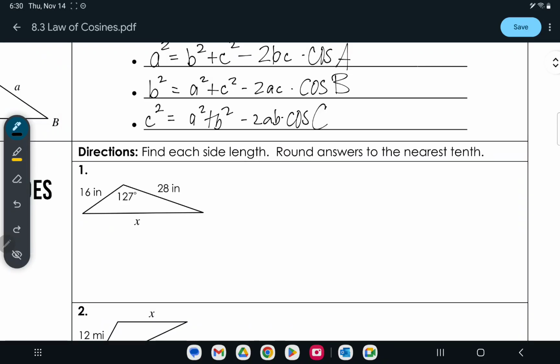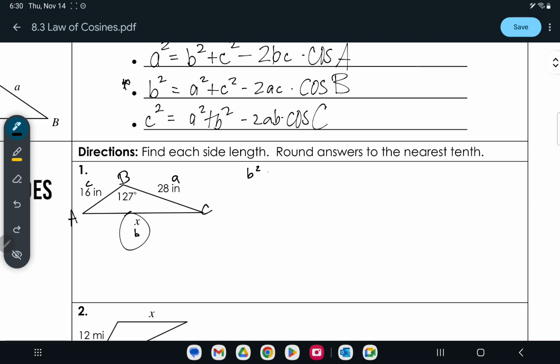So here's what I do. I have a triangle, and I just start at the left, and I go A, B, C. And then I'm going to label the little sides. Across from B is little b, across from A is little a, across from C is little c. Because I need to find x, or little b, I can use that formula there.